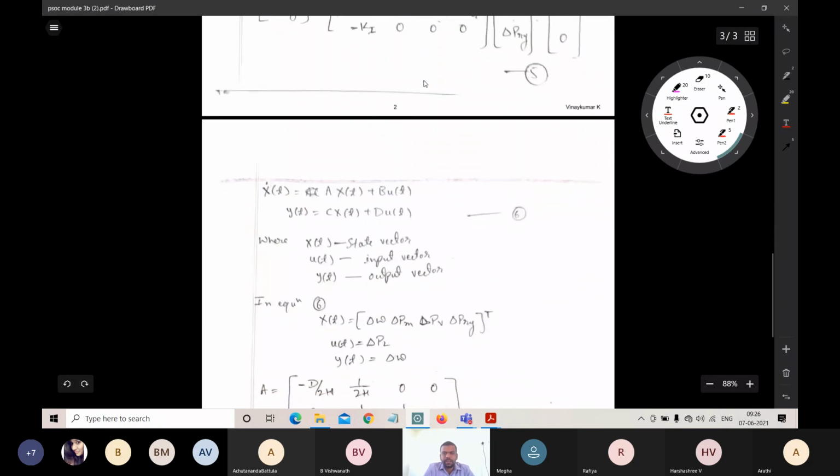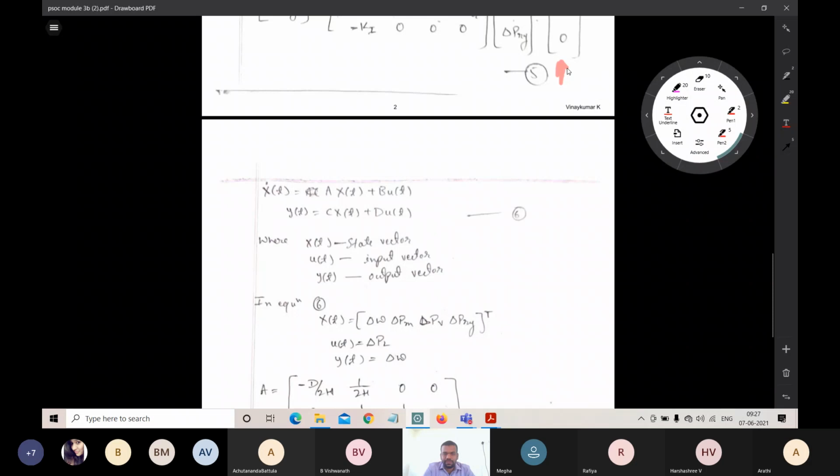From equation 6, what is written? x of t is equal to delta omega, delta pm, delta pv, delta p reference. It is the same x of t, the state vector. And u of t is nothing but the input vector, that is delta pl.